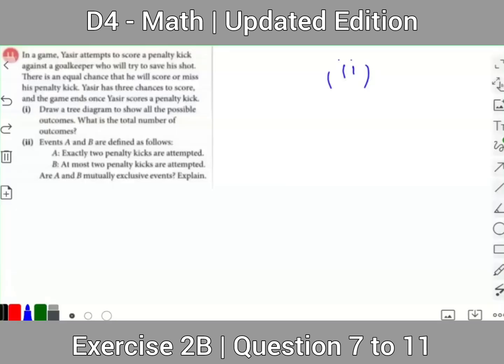Now in part 2, events A and B are defined as follows. A is exactly 2 penalty kicks are attempted, and B is at most 2 penalty kicks are attempted. Are A and B mutually exclusive events? Explain. No, A and B are not mutually exclusive.